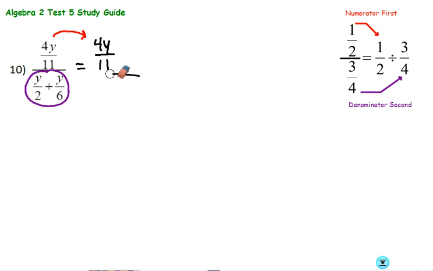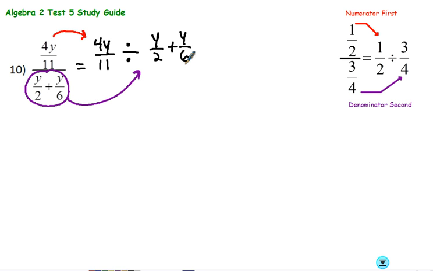Let me rewrite this, and we're saying divided by. You have two things in the denominator there, y over 2 plus y over 6.